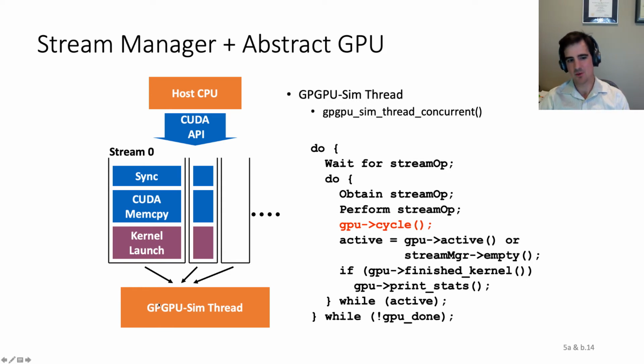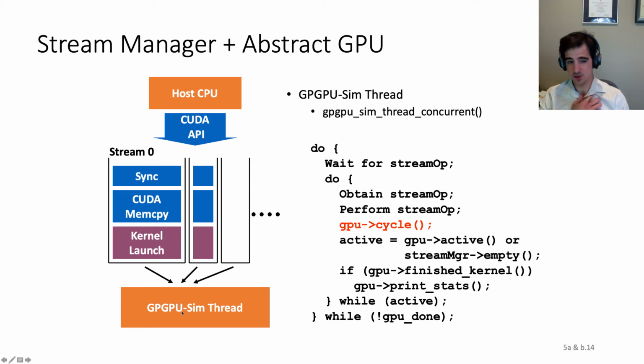And then we have another thread that is essentially going through and grabbing kernels off of one of these stream queues. In the simple case, you have just one stream. In a more complex application where you had multiple streams, you may have multiple things that could be scheduled to the GPU on any given cycle. And the simulation of all of the stuff that happens in the GPU happens on a separate thread.